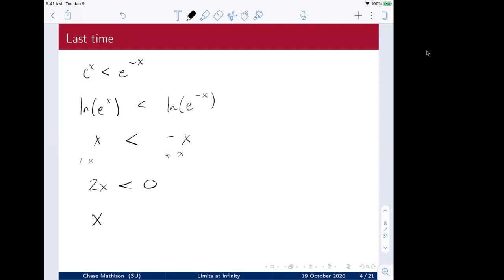If 2 times x is less than 0, then what? X is less than 0. Less than 0. Very good. So that means f is concave down on the interval minus infinity to 0.